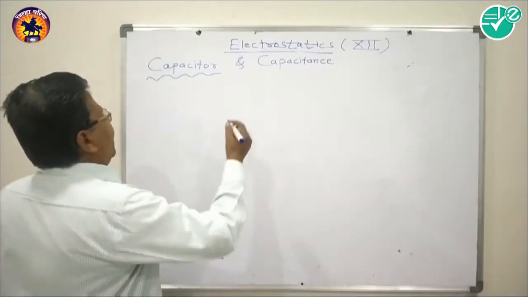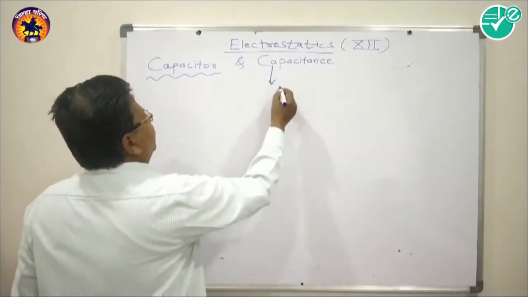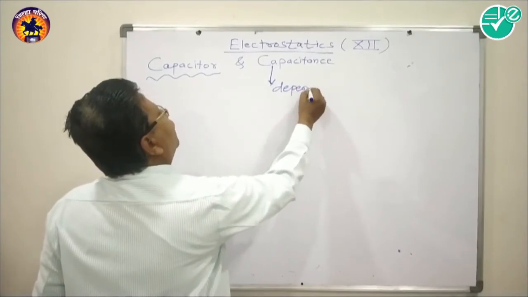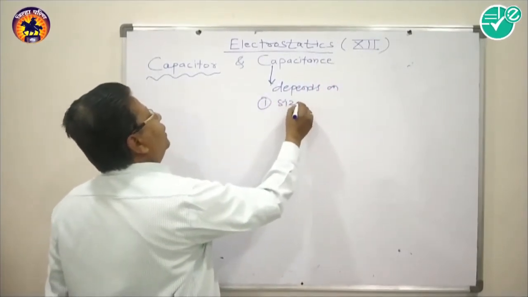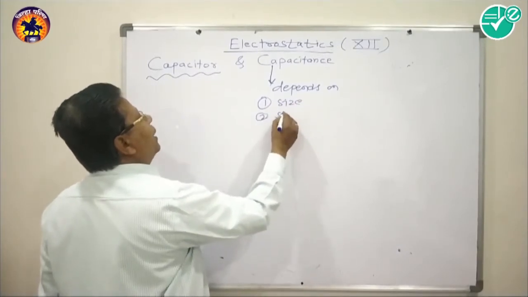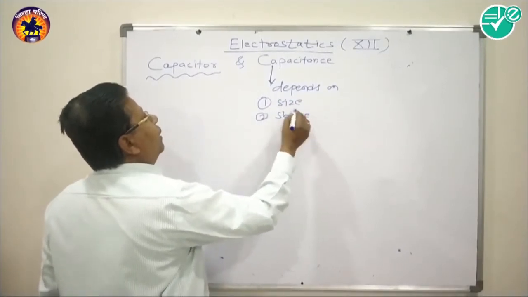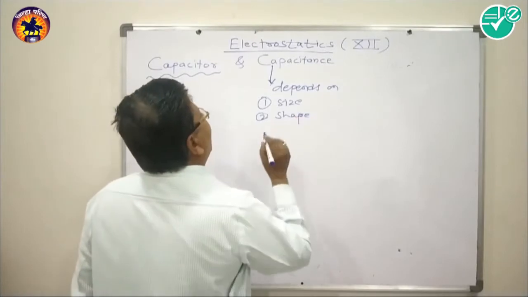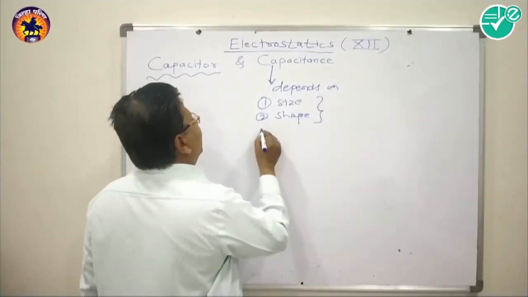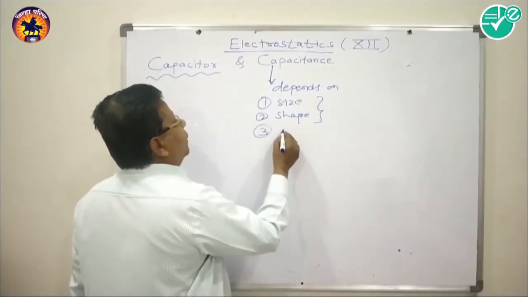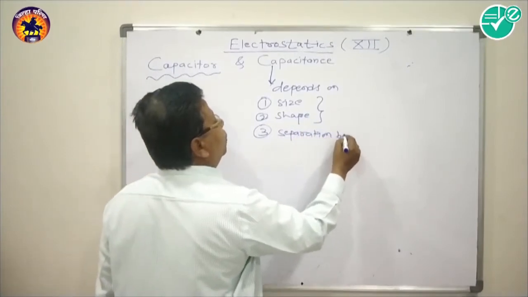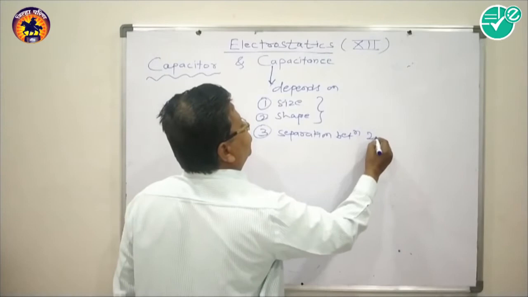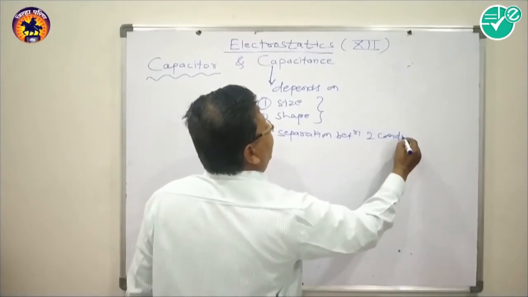So, capacitance depends on number one, size, number two, shape, and number three, separation between the two conductors forming a capacitor.